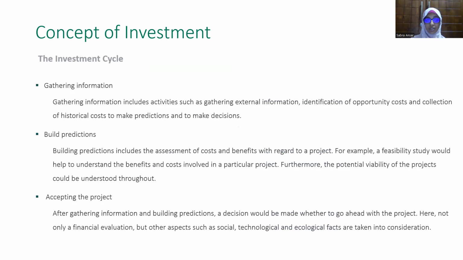Information regarding the activities, such as external information, identification of opportunity cost, and the historical cost, to make predictions and even to make decisions. Different information will be collected initially before investing in anything. So the first step is obviously to gather information.